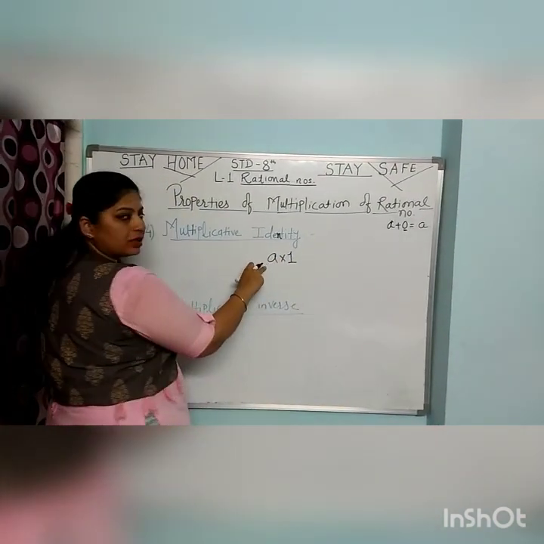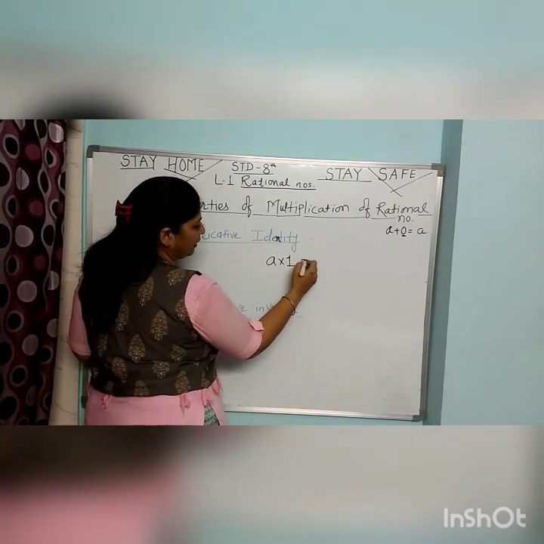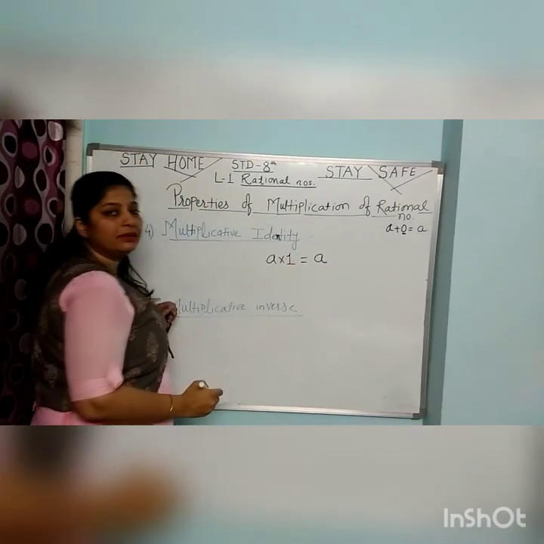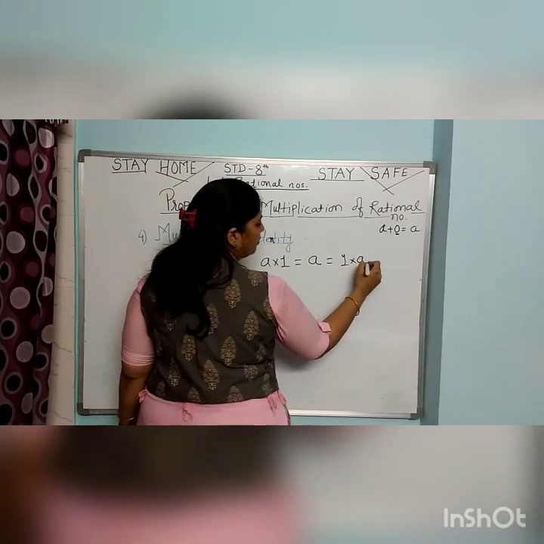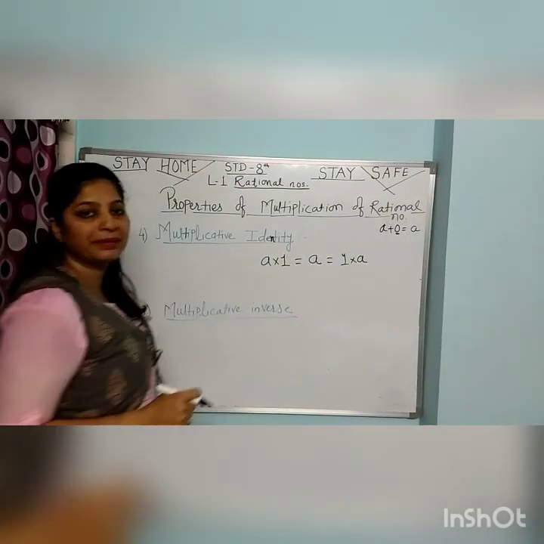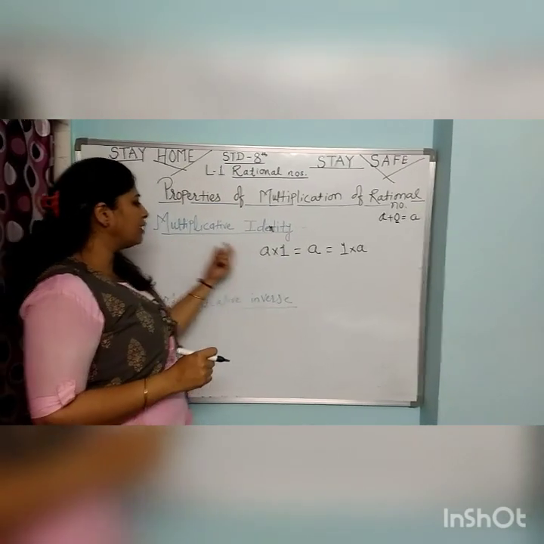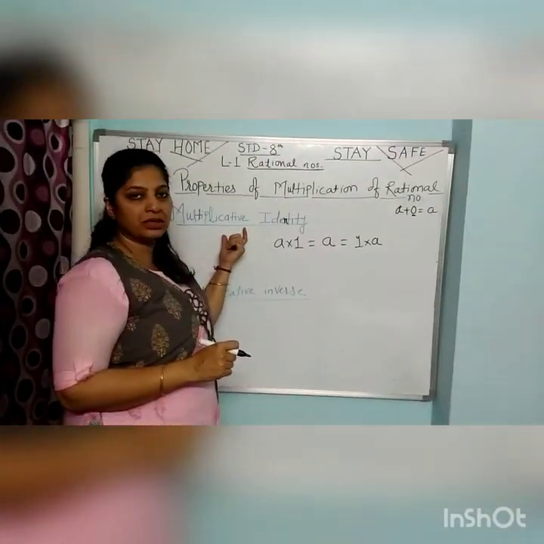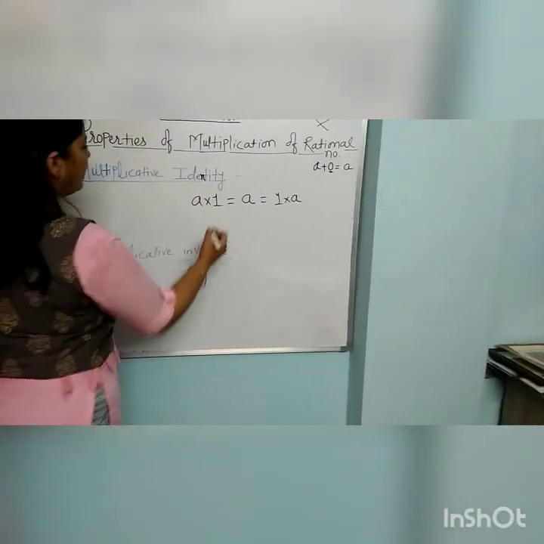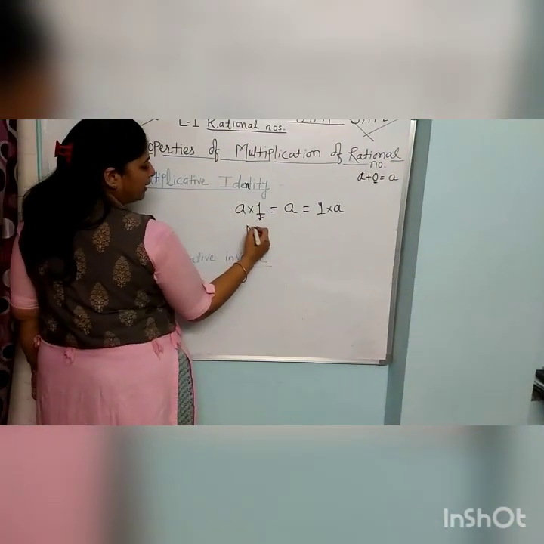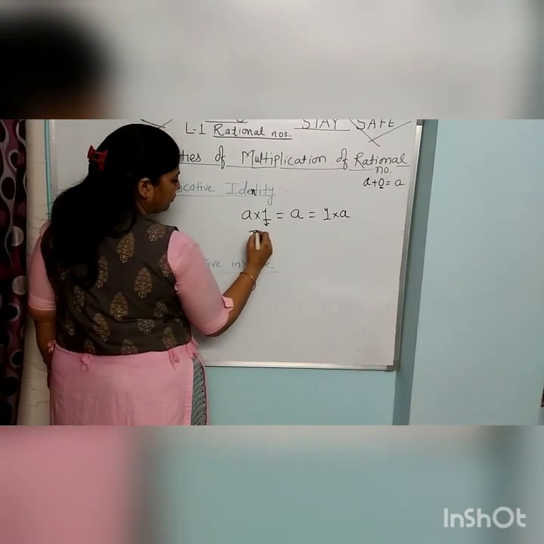When any rational number is multiplied by 1, the rational number remains itself. So 1 is called the multiplicative identity element.